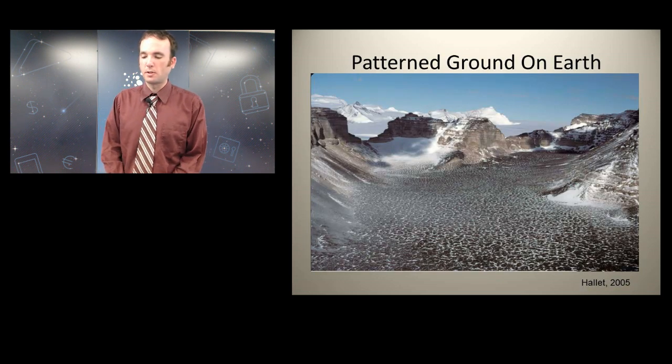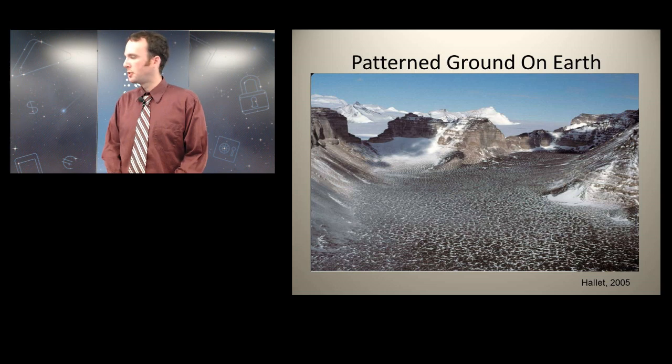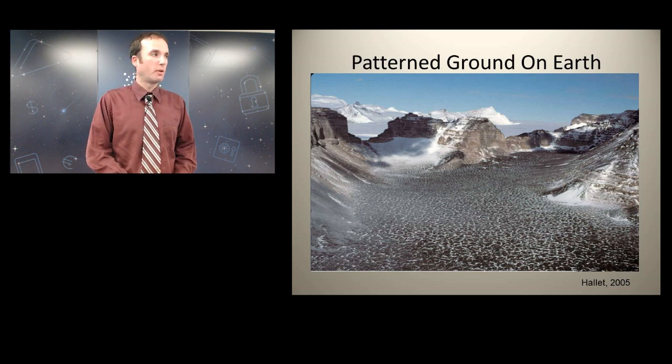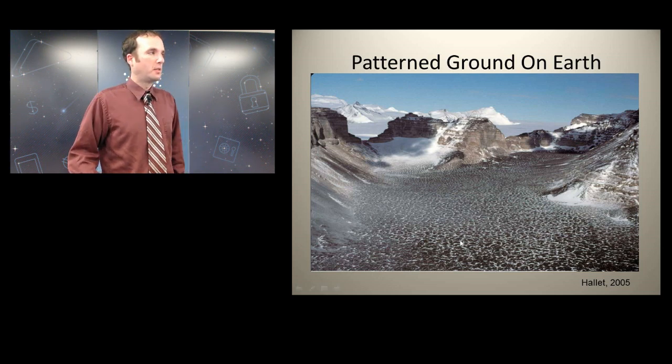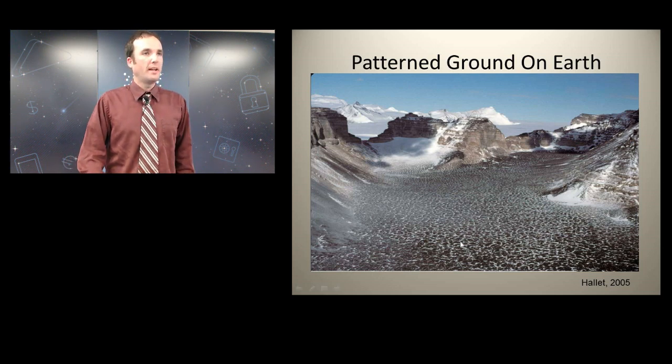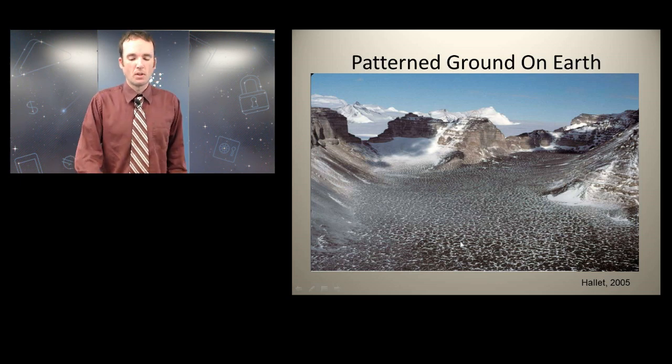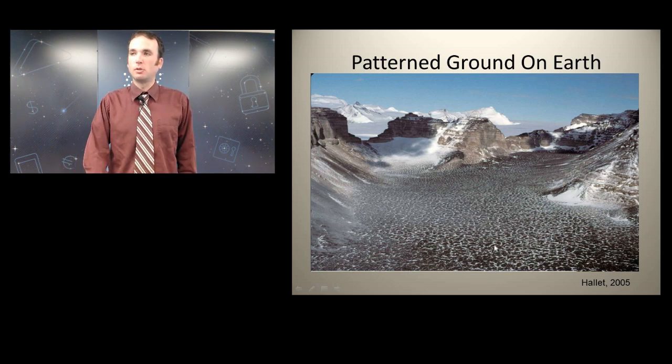Here's a picture from the dry valleys of Antarctica that also shows some additional thermal contraction crack polygons. Here you can really see how the ice fills those polygons and forms a wedge that prevents them from closing. That wedge then continues to grow in size, and the polygons continue to grow with them, or subdivide further due to their continued expansion.